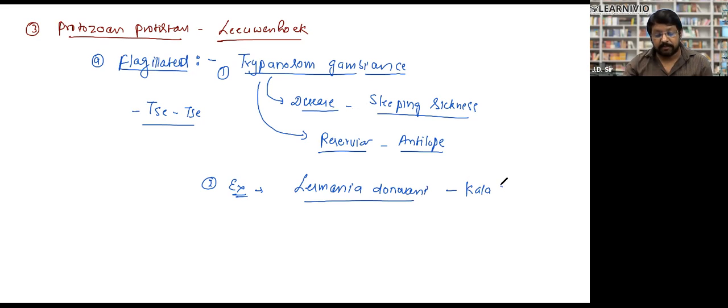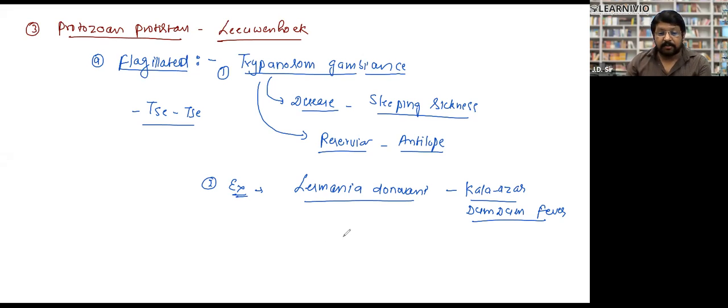Actually, the body becomes black, so that's what is called kala azar. It's a fever, kala azar or dum-dum fever. It is also found in the African continent. So Leishmania donovani is a parasite that causes a disease called kala azar or dum-dum fever.